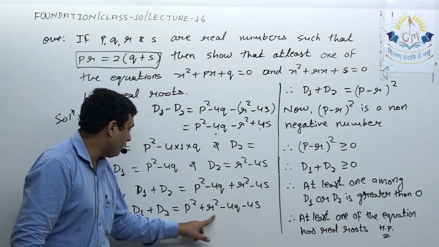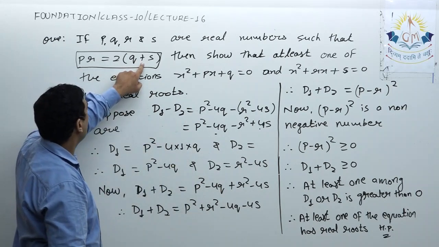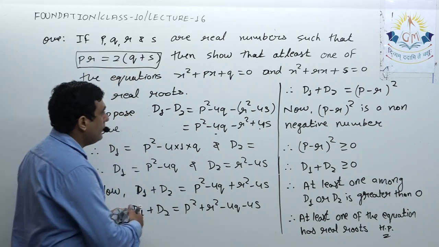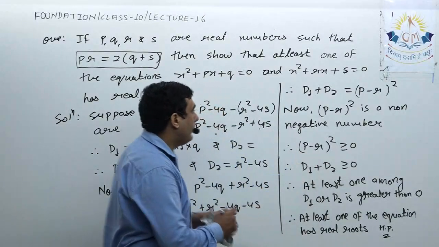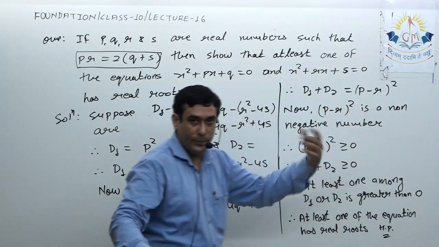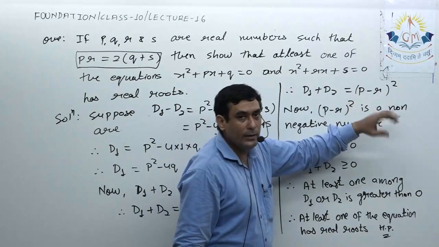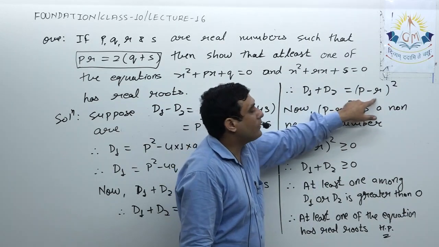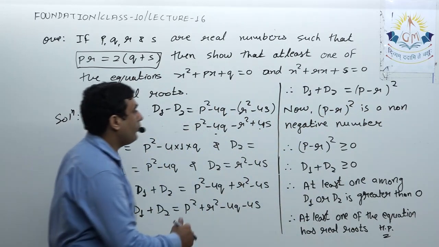By doing so, I got q plus s, and then the value of q plus s is pr by 2. I replace that value and I get a complete square, p square plus r square minus 2pr, which is p minus r whole square. In the previous sum we also saw that the square of any quantity cannot be negative. It might be 0 if the quantities are equal, but in any case it cannot be negative.